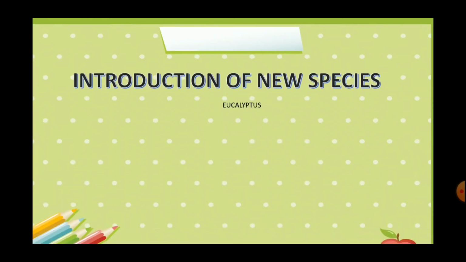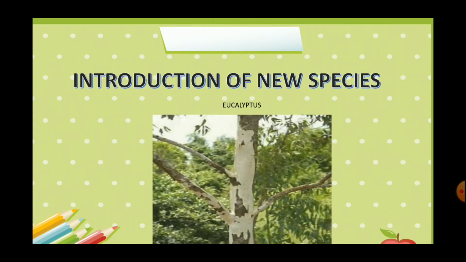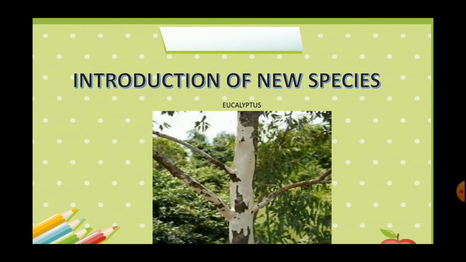Similarly, the introduction of new species to an ecosystem may result in the loss of some species. Like in this picture, you can see a eucalyptus plant, and this eucalyptus plant was imported from Australia.